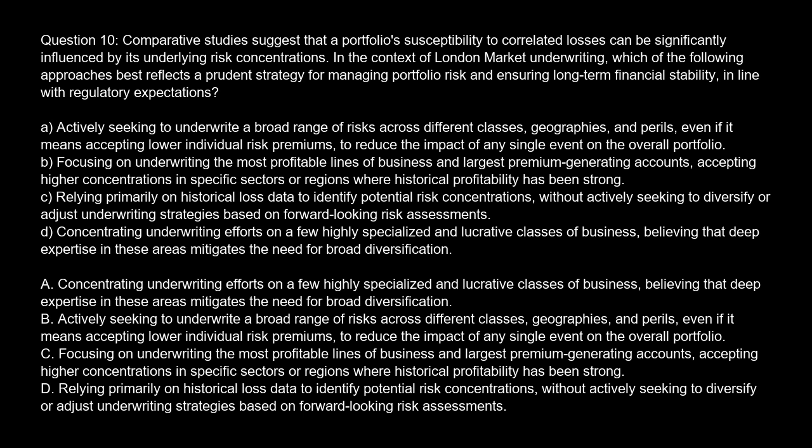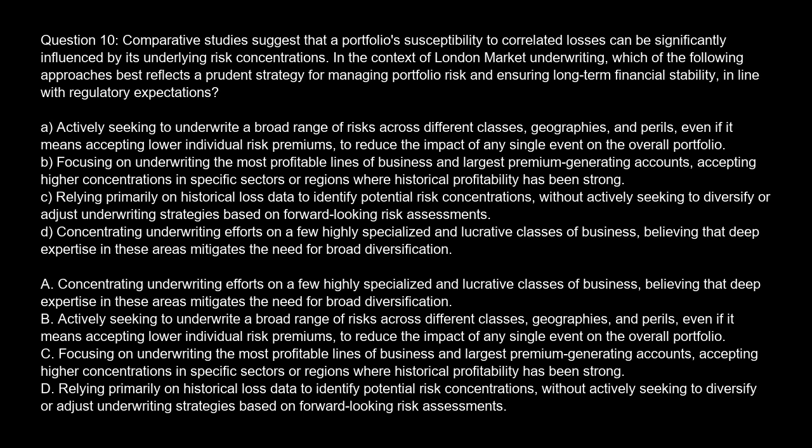A. Actively seeking to underwrite a broad range of risks across different classes, geographies, and perils, even if it means accepting lower individual risk premiums, to reduce the impact of any single event on the overall portfolio. B. Focusing on underwriting the most profitable lines of business and largest premium-generating accounts, accepting higher concentrations in specific sectors or regions where historical profitability has been strong.